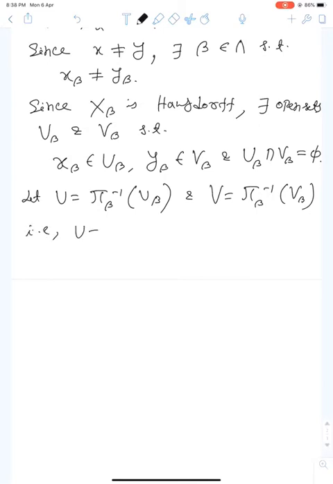That means it is just the product of U alpha, where U alpha equals X alpha where alpha is not equal to beta, and equals U beta at beta.